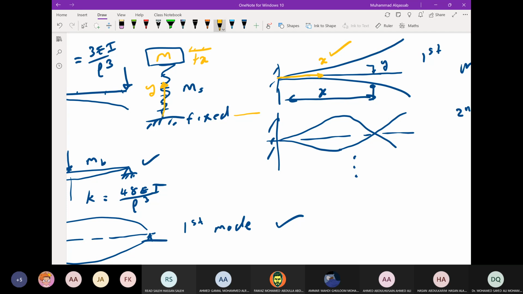For the spring, x is 0 when y equal to 0, and x of the spring equals x of the mass at y equal to L. So there is a variation in the spring deflection. Then x of the spring will equal x times y over L. You can assume a linear relationship.